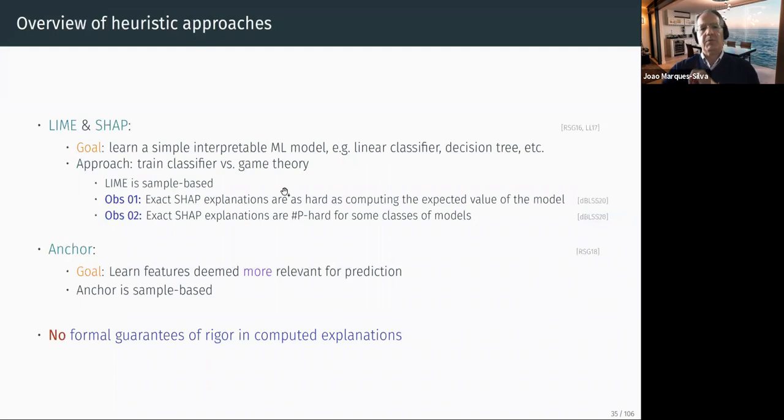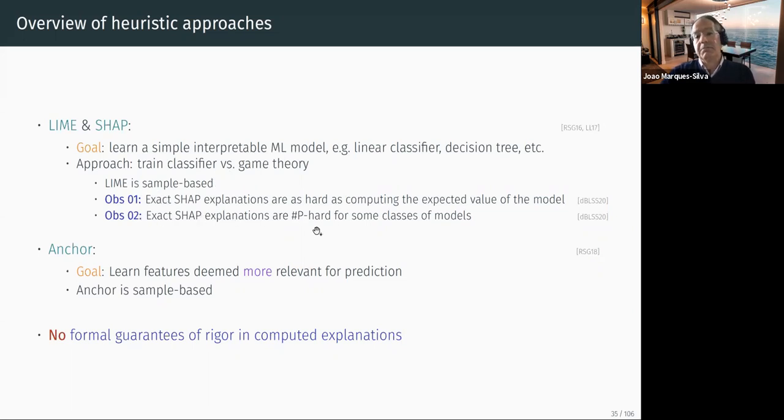Okay, very quickly. LIME and SHAP share some similarities. You start from, for example, a neural network, and you learn a simple interpretable machine learning model, for example a linear classifier or a decision tree. The difference is, whereas with LIME you train the classifier, in SHAP you use game theory to learn this classifier. LIME is sample-based. You try a large number of samples.